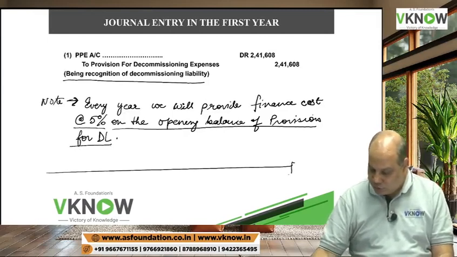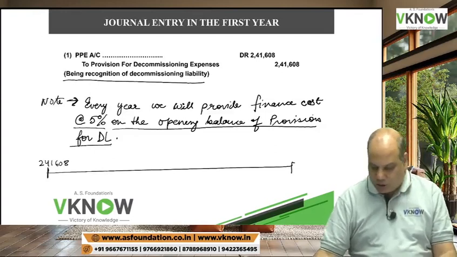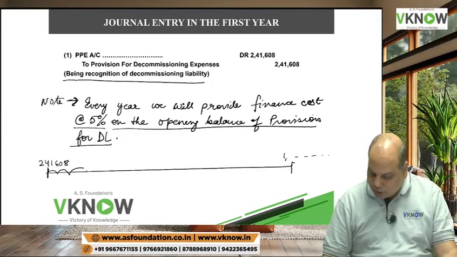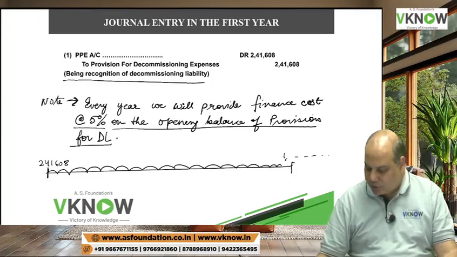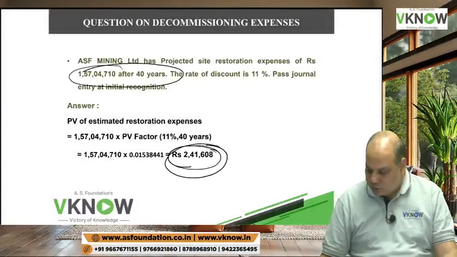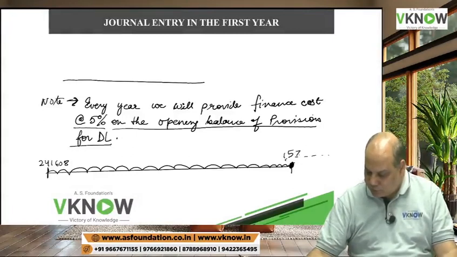So you have created a provision here 241,608, but the amount payable is 1 crore something. So every year I will add 5%, 5%, 5%, so that at the end of the 40th year, the balance will become equal to 157,04710.